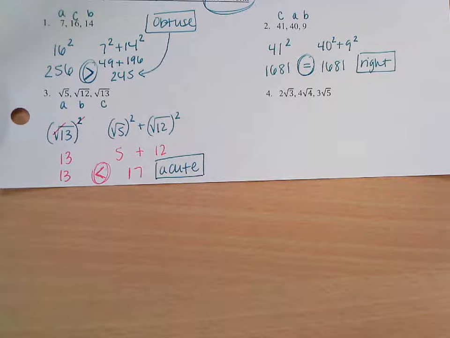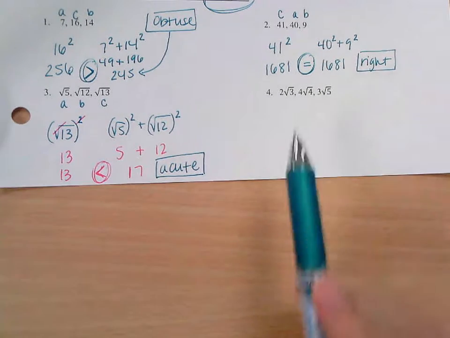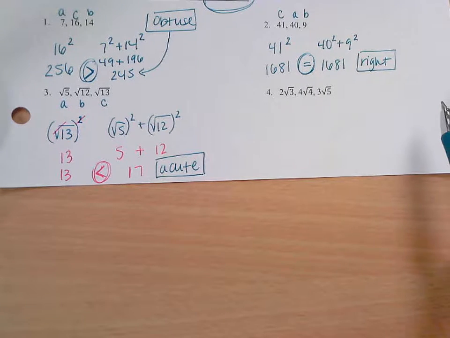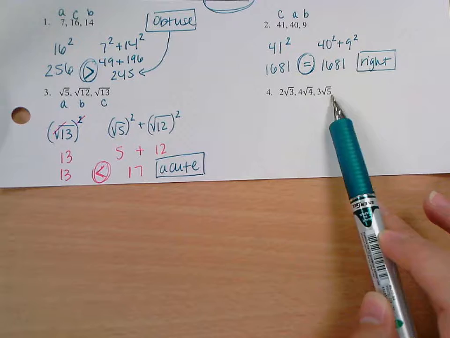Number 4 is a little different yet, just because you don't just have the square root, you have a value in front of the square root also. You might need to type them in a calculator to figure out which one is the largest. Did anybody figure out which one of these 3 is the largest?